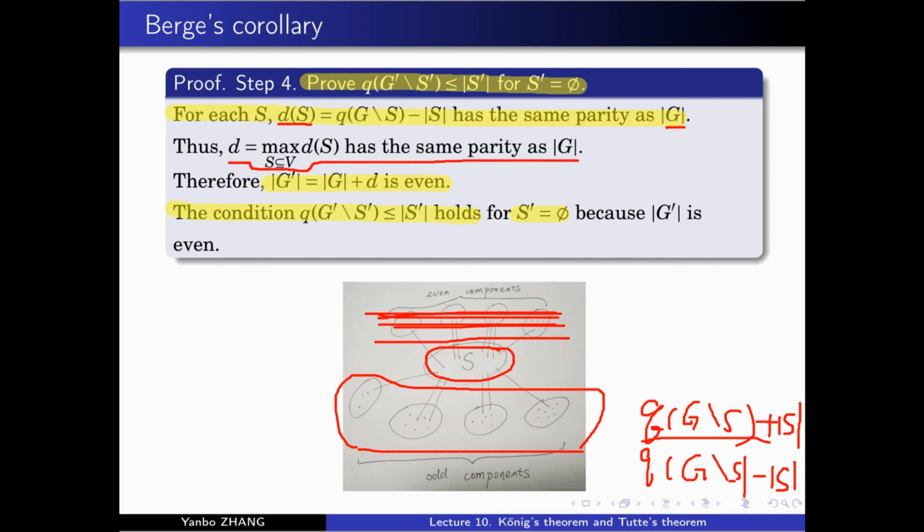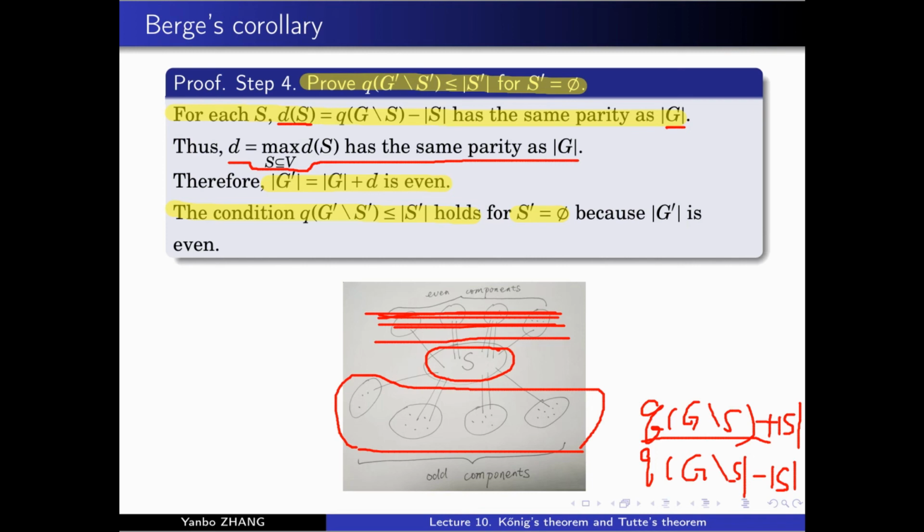If D equals 0, that means for every subset S of V(G), we have Q(G − S) is less than or equal to the size of S. That means the graph G satisfies Tutte's condition and the proof is done.